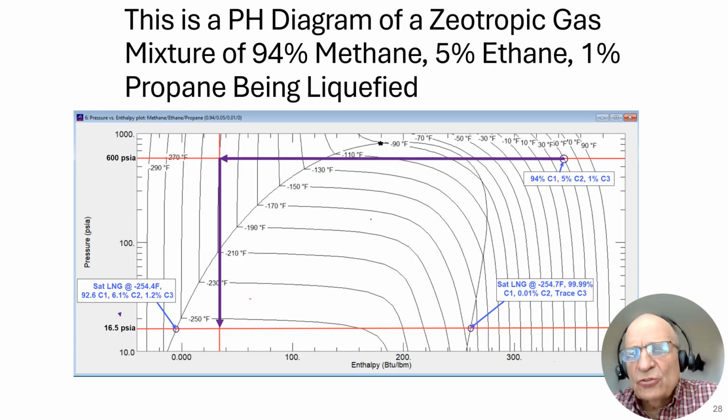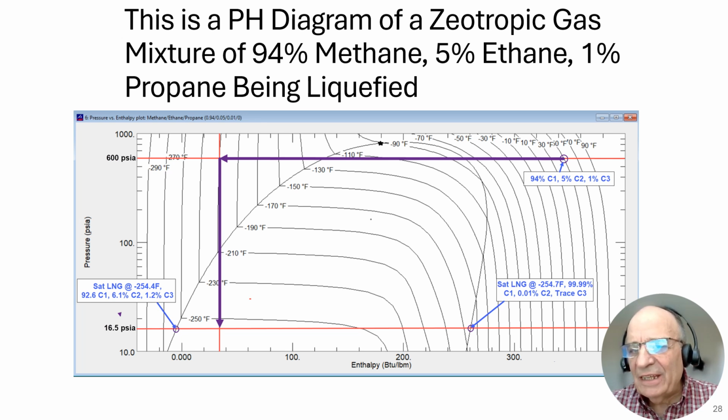Now, this is a zeotropic gas, which happens to be pipeline gas that's been cleaned up and you want to liquefy it. It contains 94% methane, 5% ethane, 1% propane, and those are all molar percentages. And if you see, we're here 94% C1. That's methane.